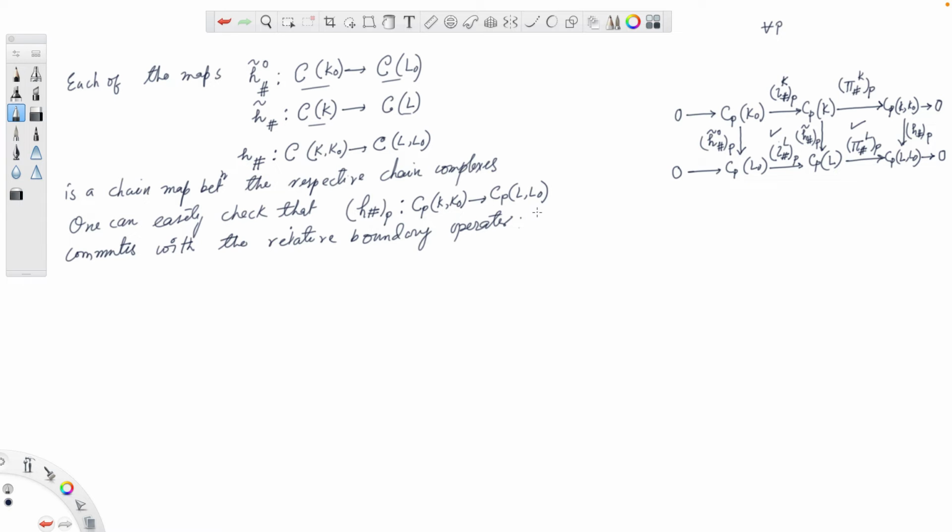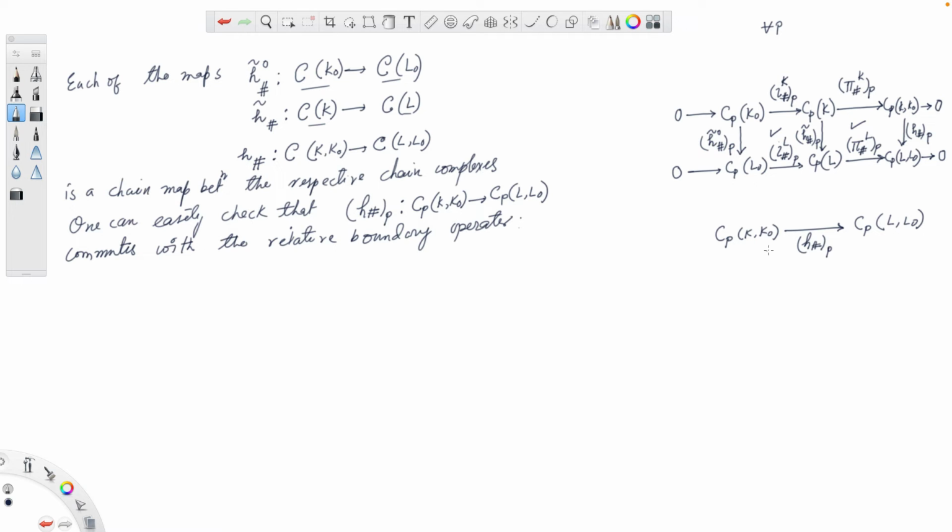By the fact that this group homomorphism commutes with the relative boundary operator, I mean that the following diagram commutes. So let me draw this diagram. This is a square: CP of K comma K0, which is the relative p chain group of K mod K0, to the pth relative chain group of L mod L0. This is H hash at p.